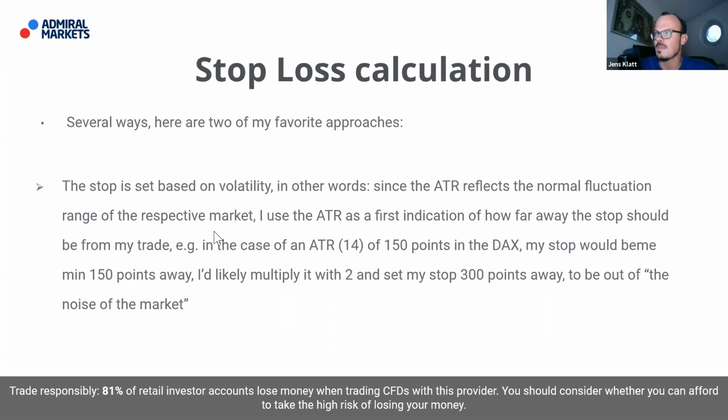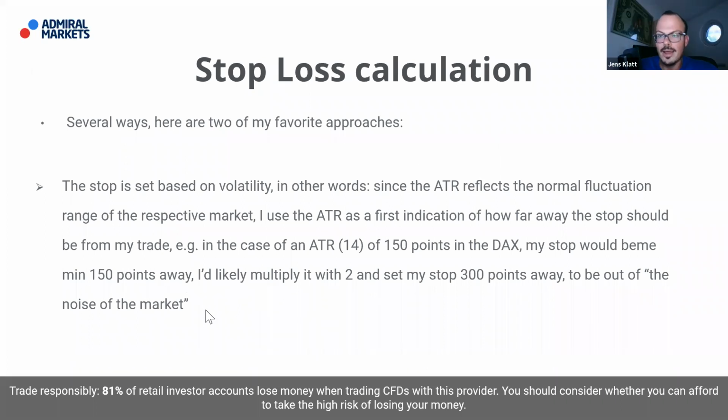For example, if we say that the ATR reflects the normal fluctuation range of the respective market, I use the ATR as a first indication of how far away my stop should be for my trade. For example, in case of an ATR 14 of 150 points in the DAX, my stop would be minimum 150 points away from my entry point.